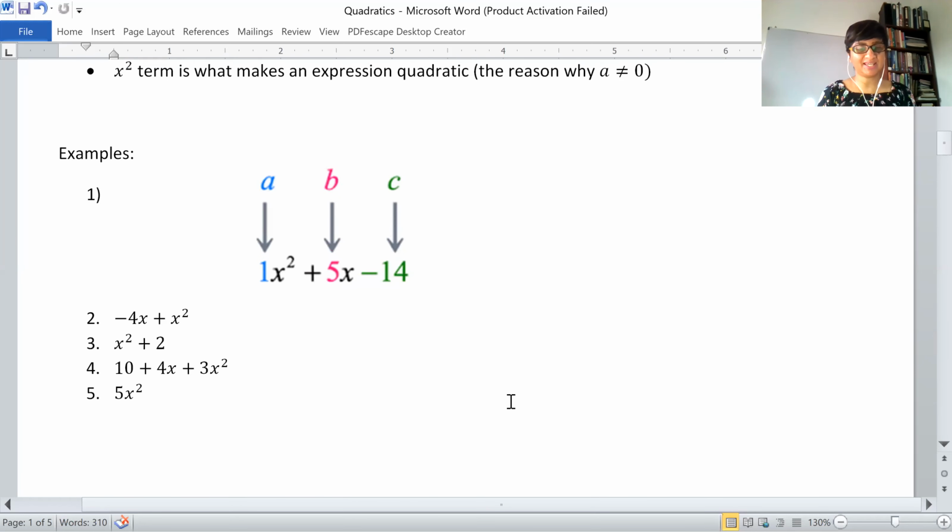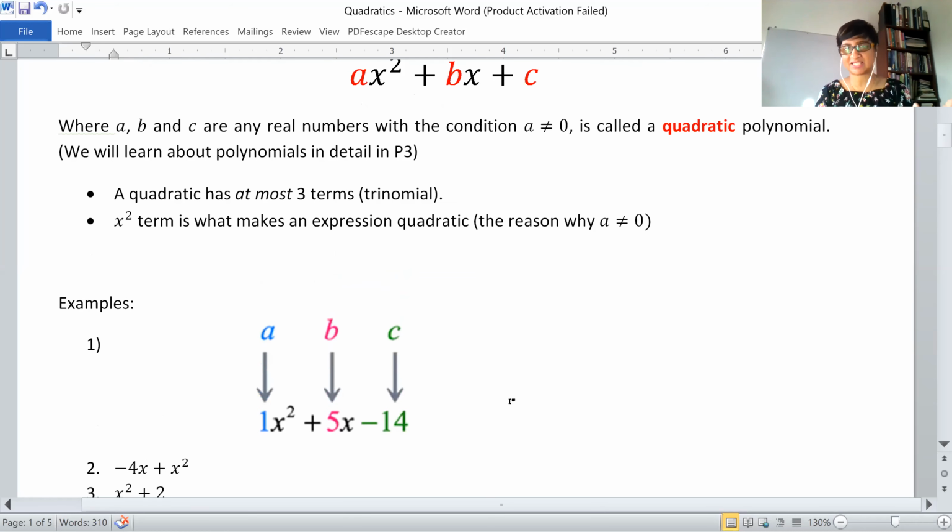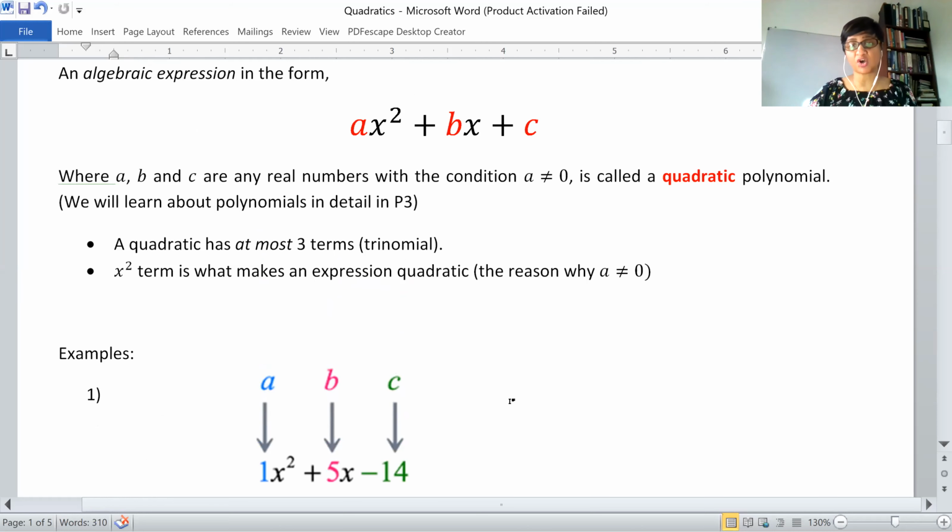Now, we are going to see different forms in which you can express a quadratic. Now, ax squared plus bx plus c, this is also a form. This is the form that we normally see a quadratic in.